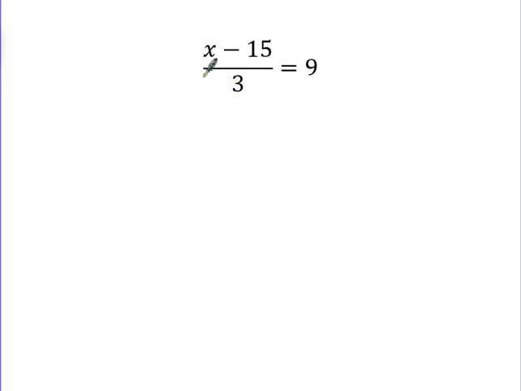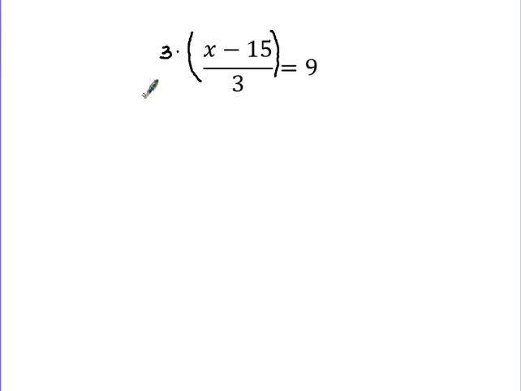If you have a side of your equation that the entire side is being divided by a number, you can multiply that entire side by whatever that number is. So since this side is being divided by a 3, I'm going to multiply this side of the equation by 3.